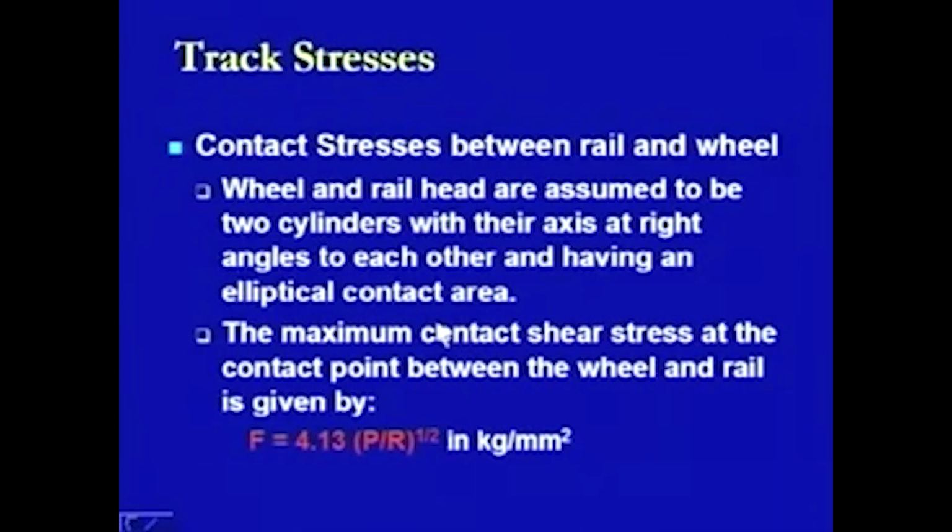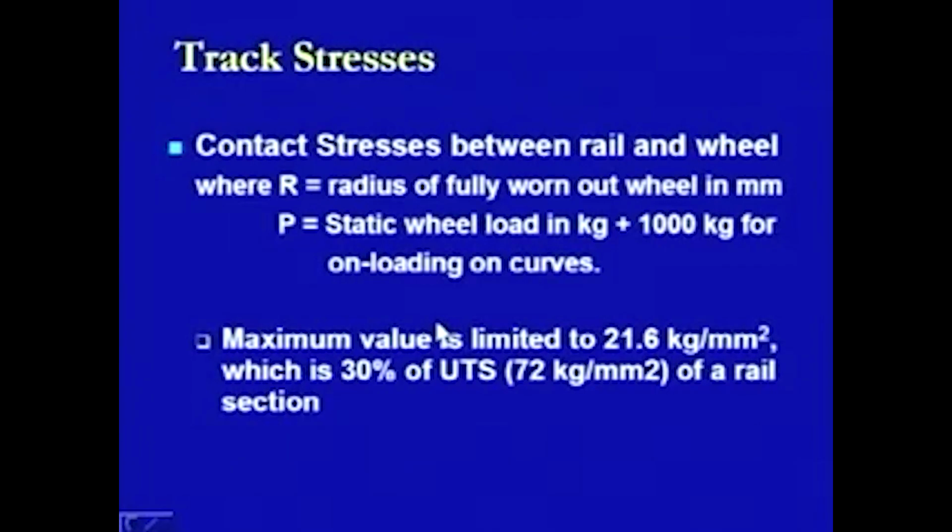Here, P is the static wheel load in kg, and to that static wheel load we add 1000 kg for unloading on curves. Similarly, R is the radius of the fully worn out wheel in mm. These are the two values used in that formula, and the maximum value is limited to 21.6 kg per mm square.